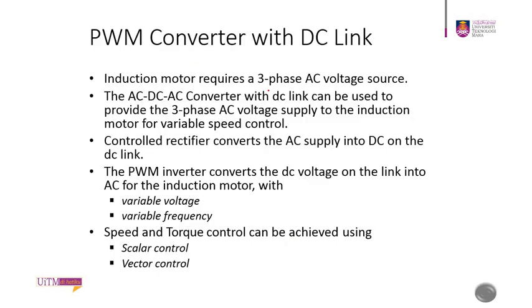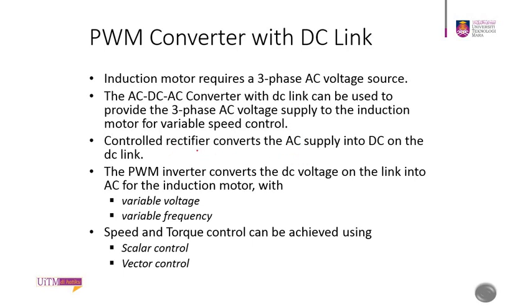The induction motor requires a three-phase AC voltage source, and depending on the supply voltage, if your supply is AC, the AC-DC-AC converter with DC link can be used to provide the three-phase AC voltage supply to the induction motor for variable speed control.